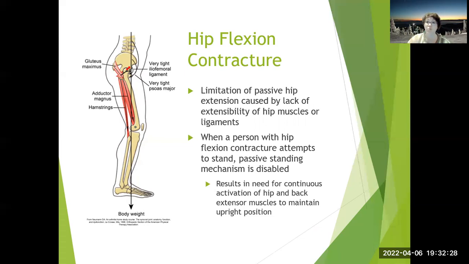But you also want to work on stretching those hip flexors and making the hip flexion contracture less or getting rid of it, so eventually they can stand upright, because they're going to get much better use of their prosthesis and much better weight bearing through the residual limb if that's the case. I love working with people with amputations, because you really have to think through the mechanics and what's working and what's not working.